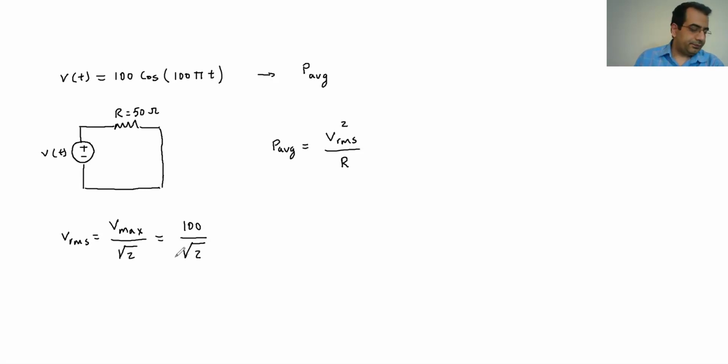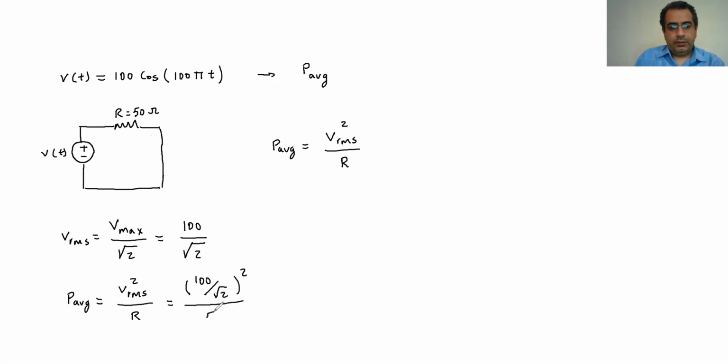Therefore, P average is V_RMS squared divided by R, which is 100 divided by square root of 2, squared, divided by 50, which if you do the calculation, should come out at 100 watts.